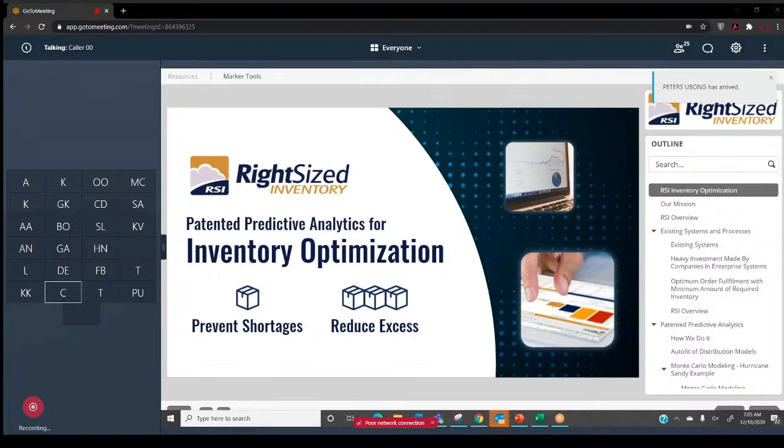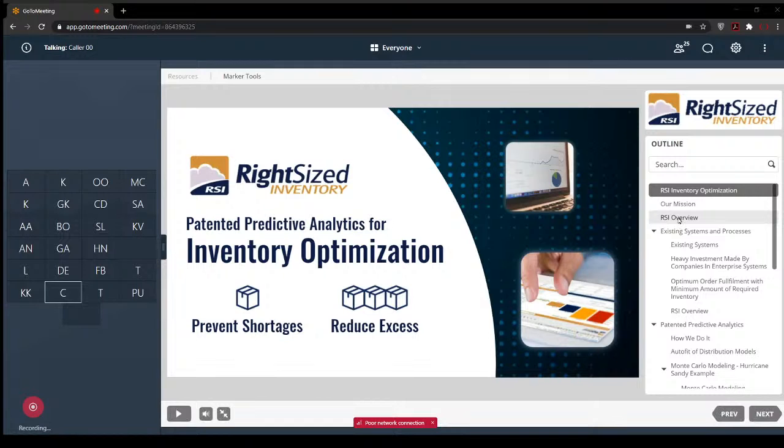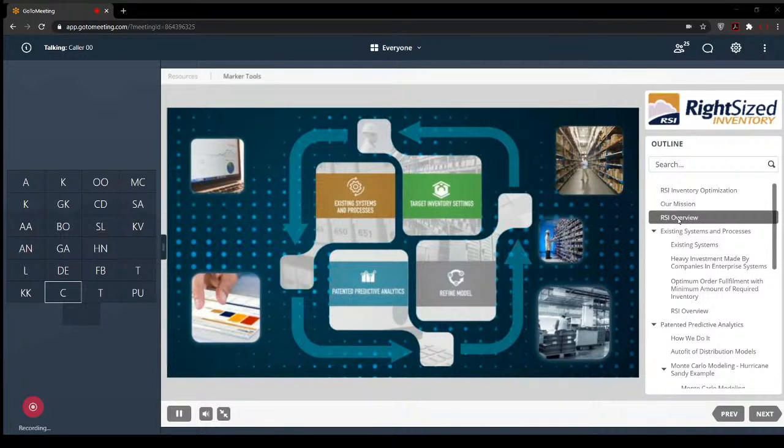So take a look at my screen. Here is the overview. First thing that we'll do is we'll take a look at existing systems and processes. What is right-sized inventory, and where do we fit into our client's existing system? And then we'll drop down into patented predictive analytics and share with you what makes us exclusive and unique in the market, and what it is that our clients appreciate and gain value out of using our technology.